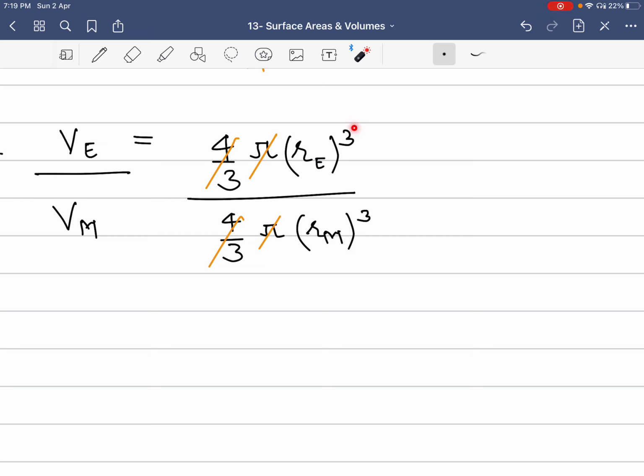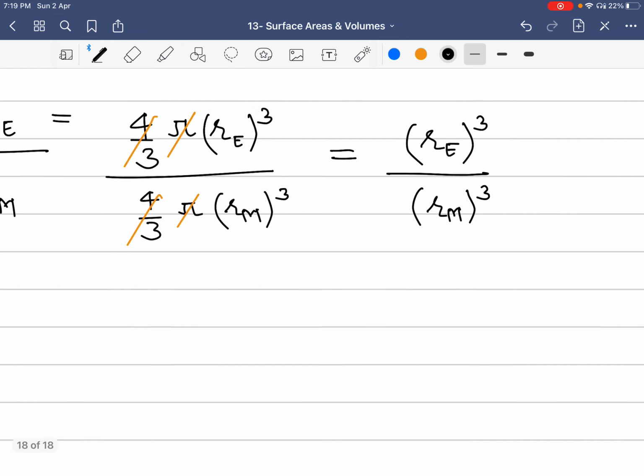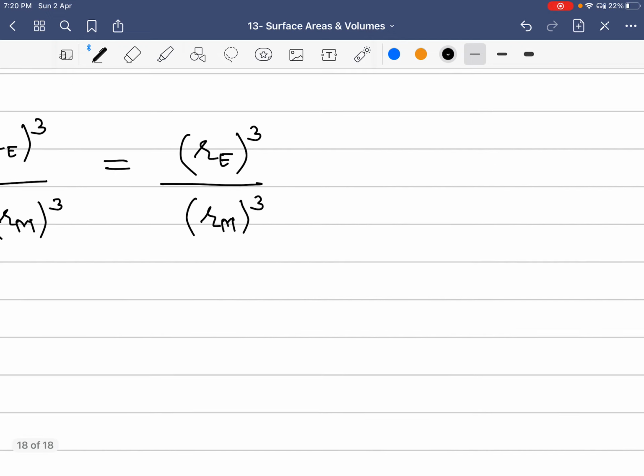No, because we have to ultimately find the value of this fraction. So I'm going to simplify this first. Now this is equal to RE the whole cube divided by RM the whole cube. Now we all know that this can be written as RE divided by RM, the whole cube.